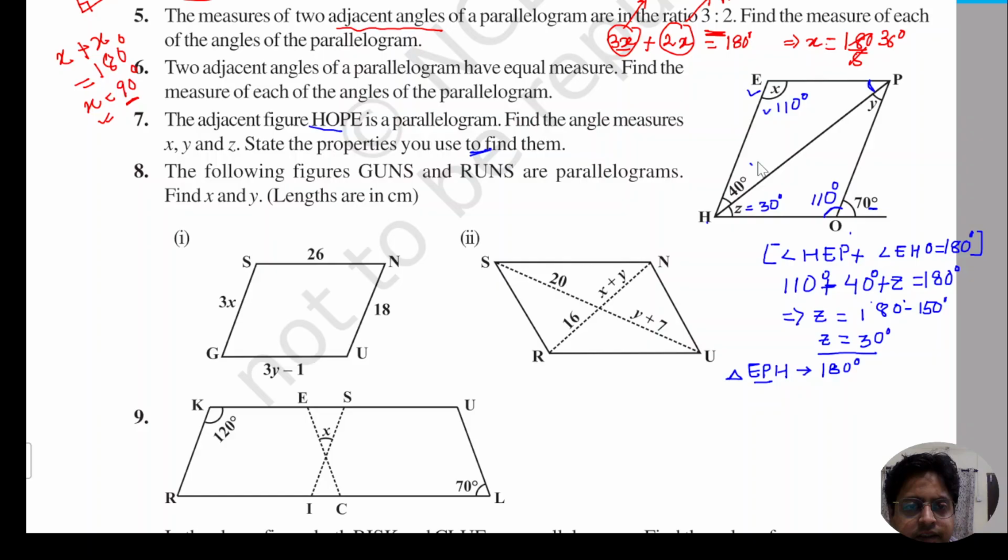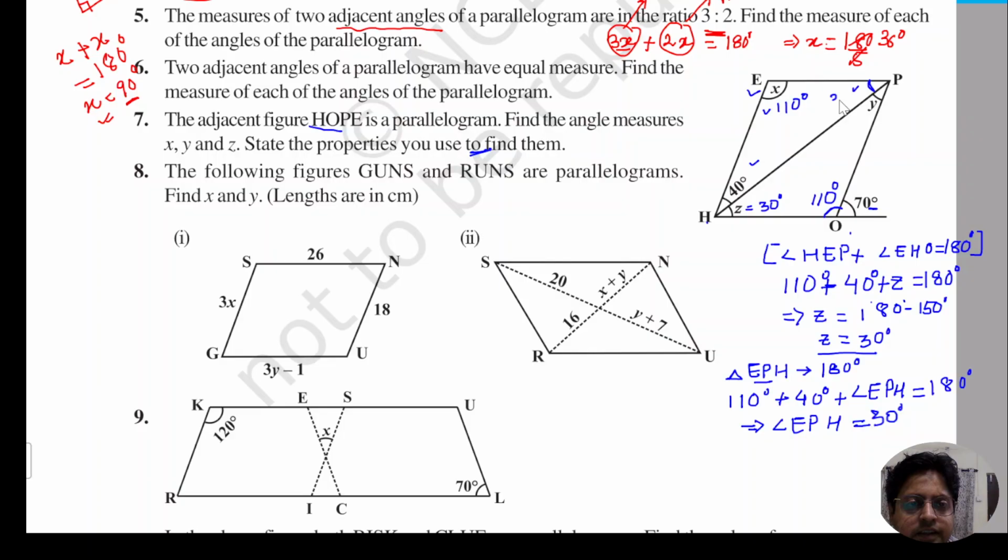So 110 plus 40 degree plus angle EPH is equal to 180 degree. Therefore, angle EPH is equal to 180 degree minus 150 degree, that is 30 degree. So this angle is 30 degree.